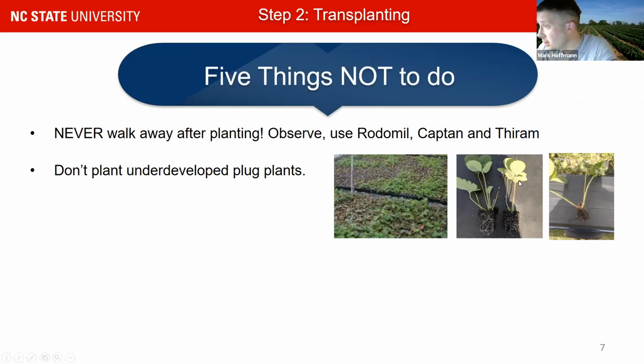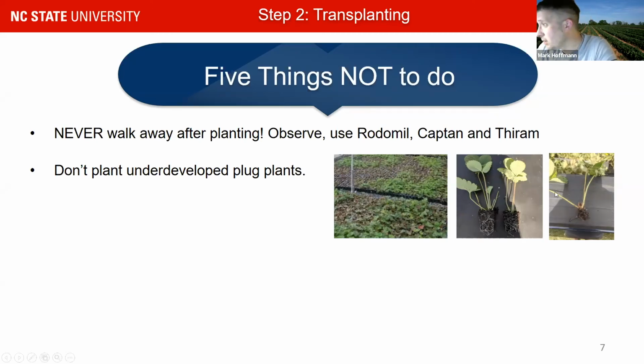And you see here an example of very underdeveloped and wrongly planted plug plants. Those plants are planted too deep in the tray. You can see the crown is not showing up, and they also don't have a very well developed root system, so those plants would not perform very well in the field from the get-go.